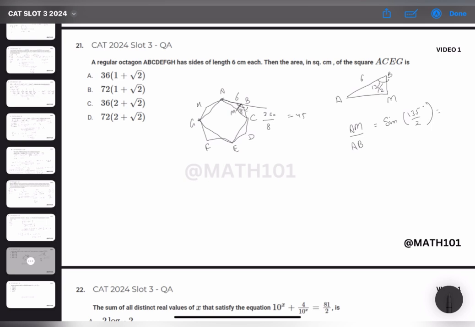which is equal to sine 135 divided by 2, 67.5 degrees, which is equal to cos 22.5 degrees.